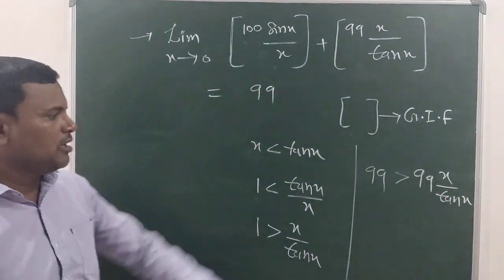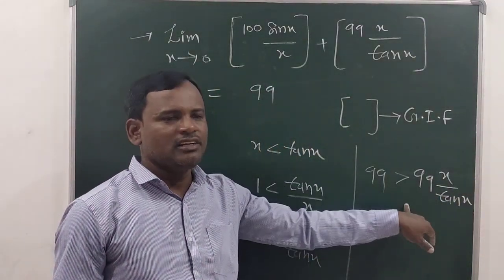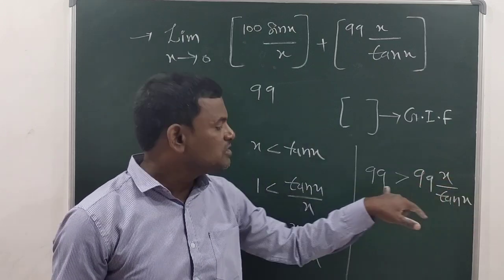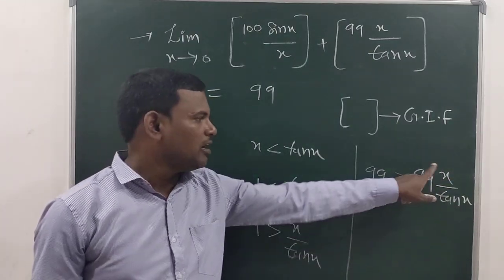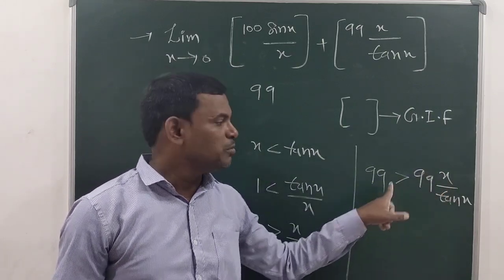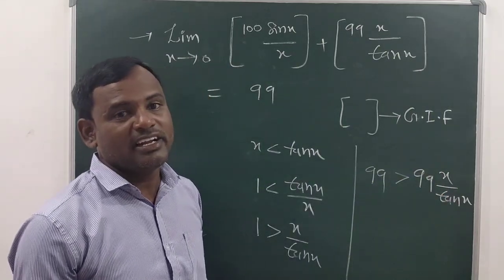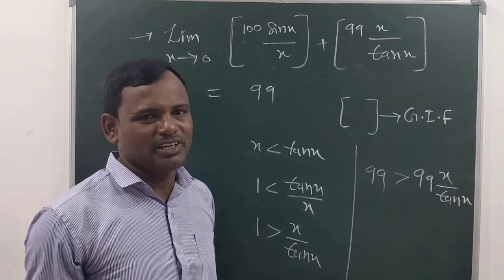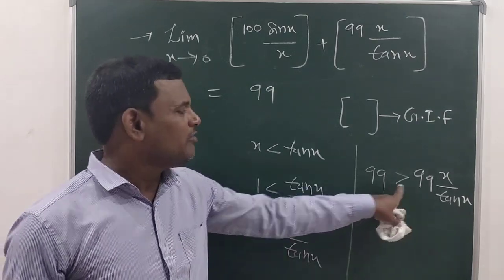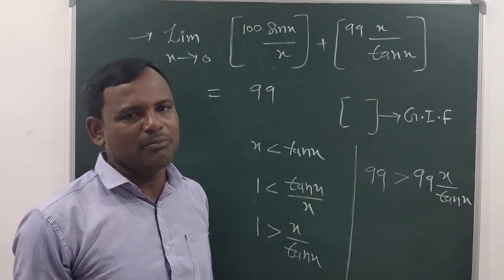Okay students, now what is it saying? This result is smaller than 99 as per this inequality. How much is this? Smaller than 99 means it can be 98.9999 something, very close to 99 from the left side of 99 on the number line.